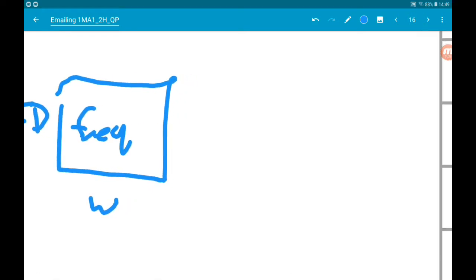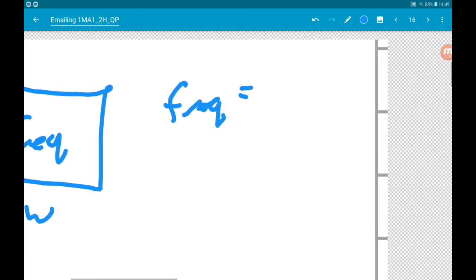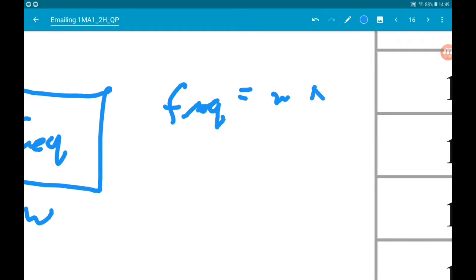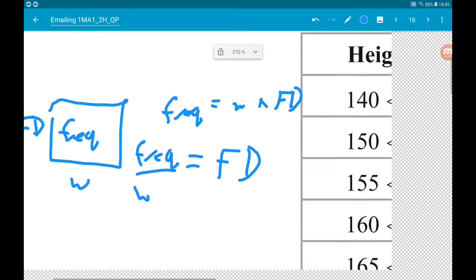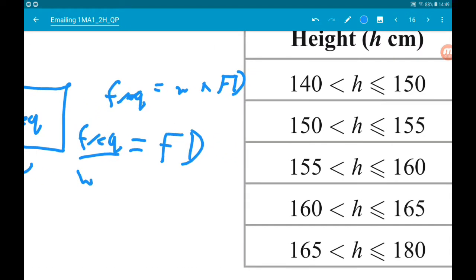So from that we can get that frequency equals width times frequency density. From that, if we divide by the width, frequency divided by width is frequency density. So we need to find that for each row.